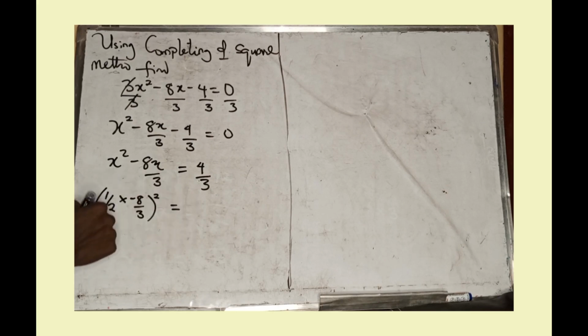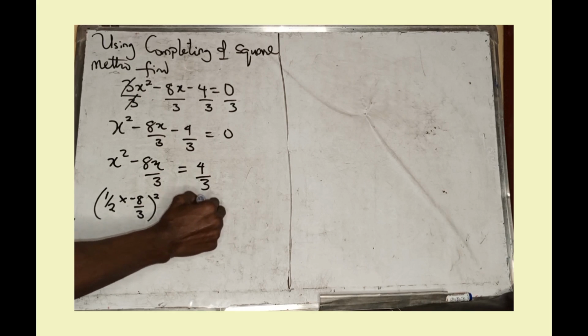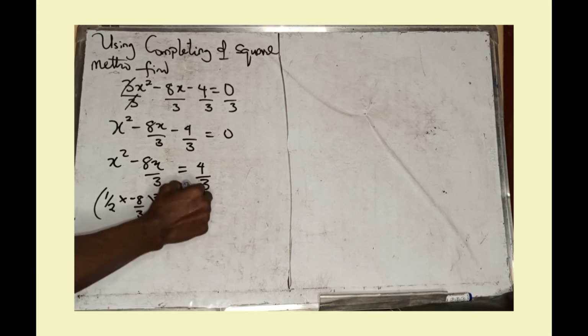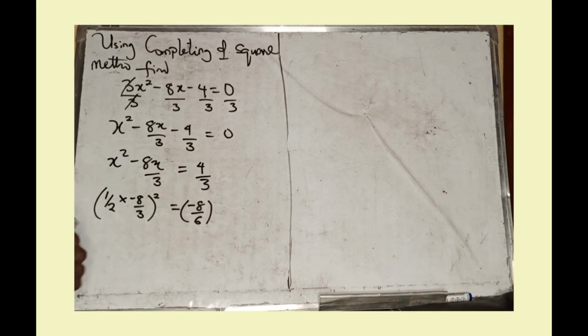From the bracket, this becomes minus 8 over 6, all squared. So this is what we're going to be adding to both sides of the given equation.